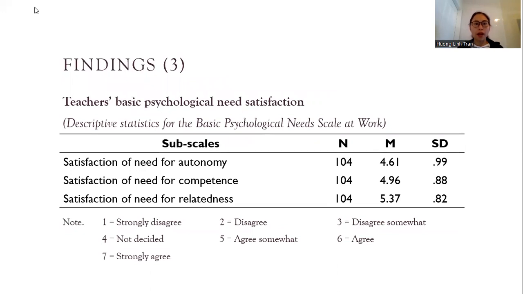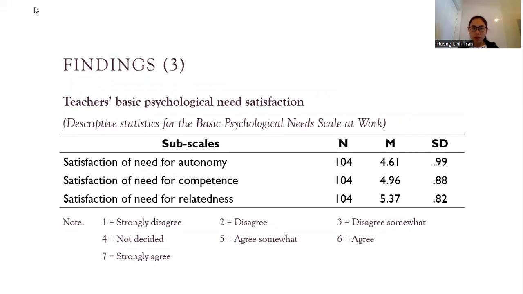And this is the finding for the teachers' basic psychological needs satisfaction, or in other words, to what extent teachers feel that their needs are satisfied or met by teaching.